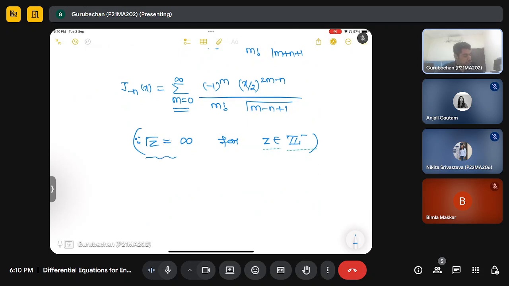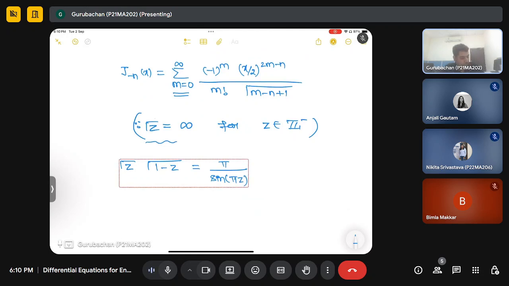We know the relation related to the gamma function, that gamma of z times gamma of 1 minus z is nothing but pi by sine pi z. This is our relation.